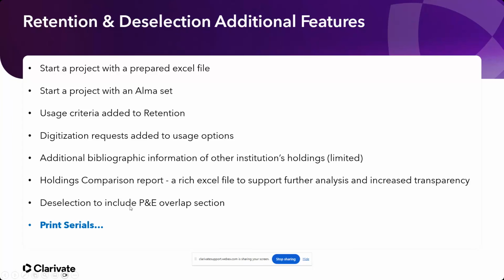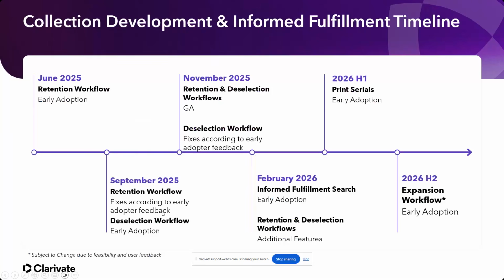Another cool feature that's coming soon is a component for P&E overlap for the deselection. That first we'll run through the early adopters to make sure that we have good matches, and then we'll go ahead. And then we have the print serials, which is a huge, huge challenge, a lot more complicated, very fuzzy data, and we'll see how we're going to do that. We'll try to give you workflows that will be the best that we can.